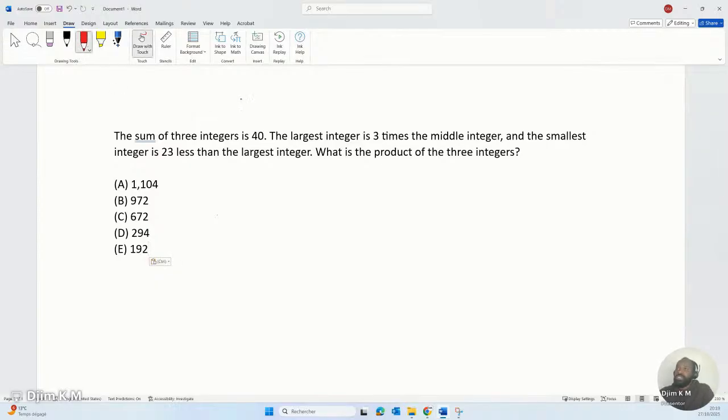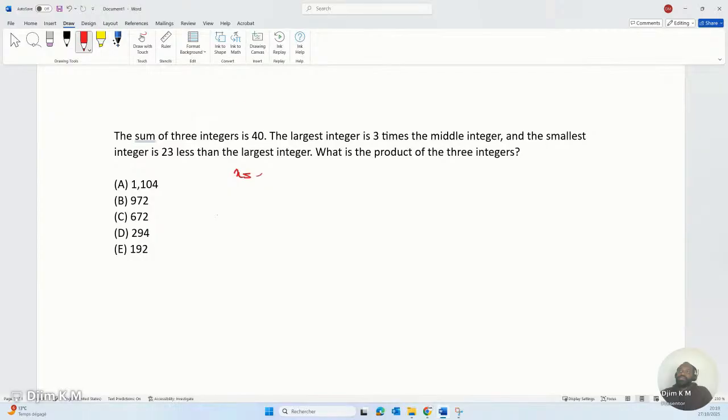The sum of three integers is 40. The largest integer is 3 times the middle integer, and the smallest integer is 23 less than the largest integer. What is the product of the three integers?